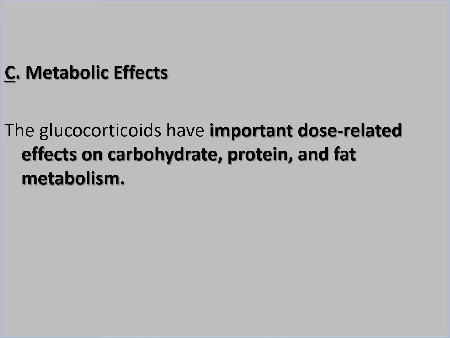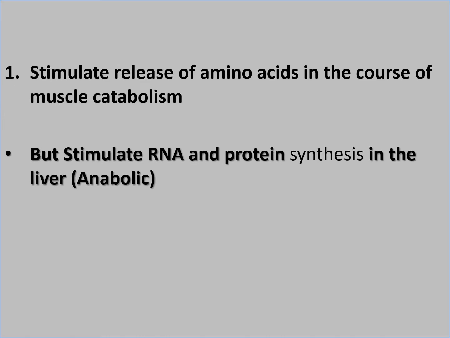So now we will study its metabolic effect on carbohydrate, protein and fat separately. What else? They stimulate the release of amino acids in the course of muscle catabolism. So this is the catabolic effect of the steroid. It causes muscle mass breakdown, catabolism.